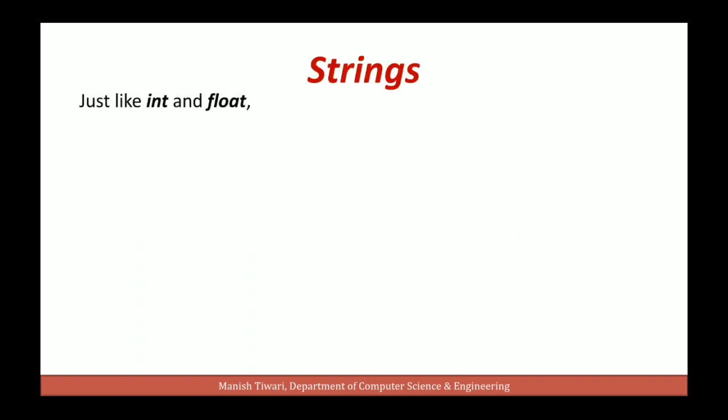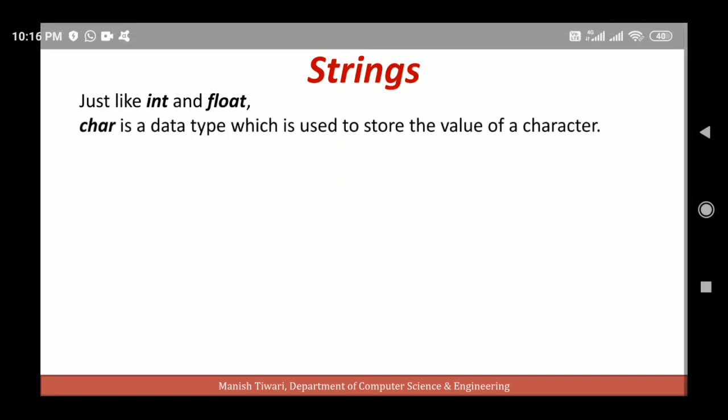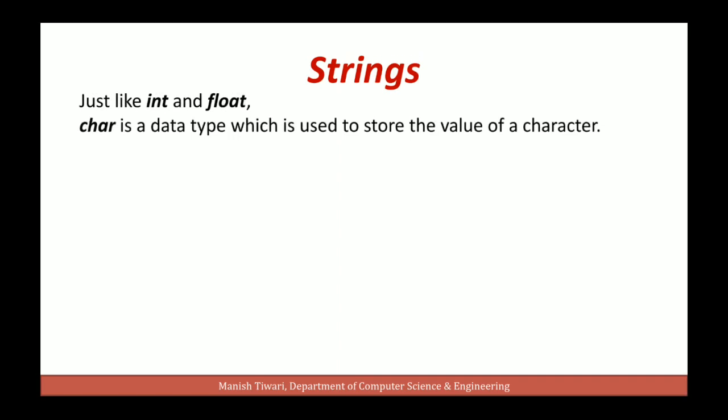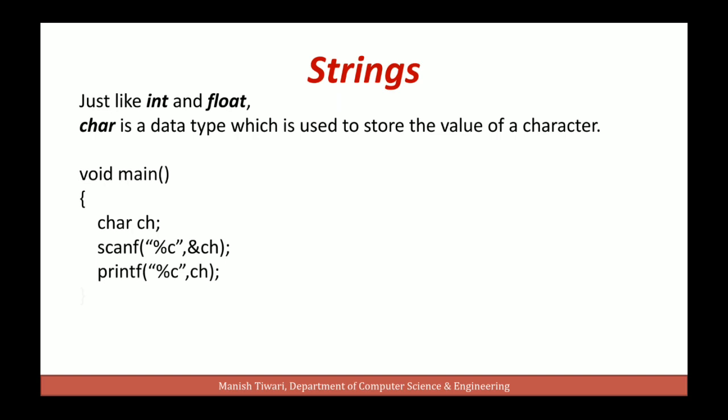Students, just like integer and float, in C, character is a data type which is used to store the value of a character. So just like integers and floats, we can declare a variable of type char, and using format specifier %c, we can scan and print its value.